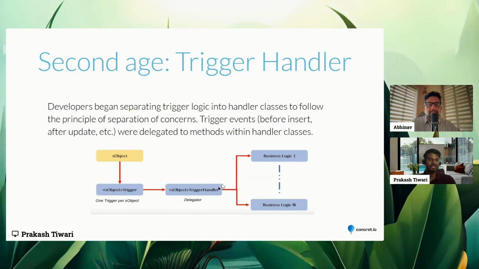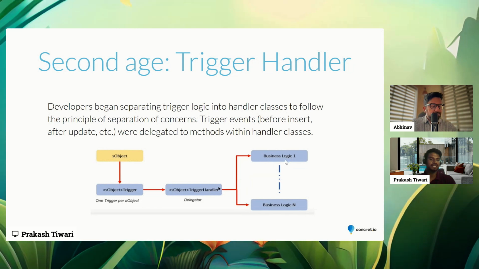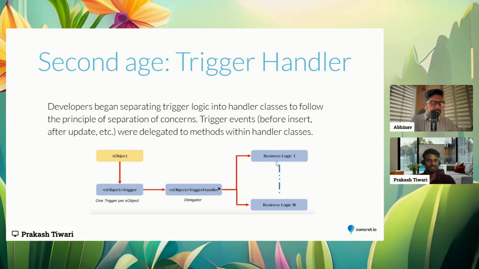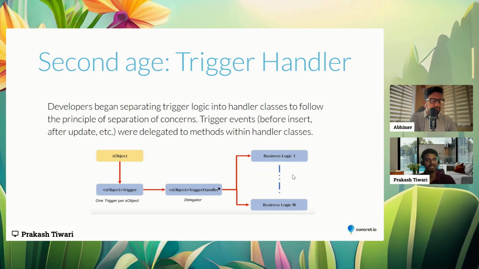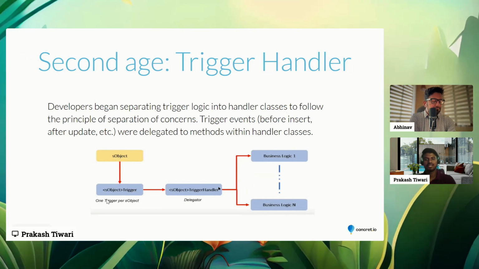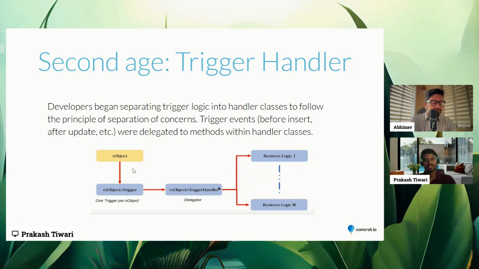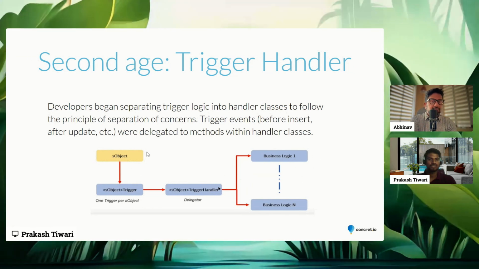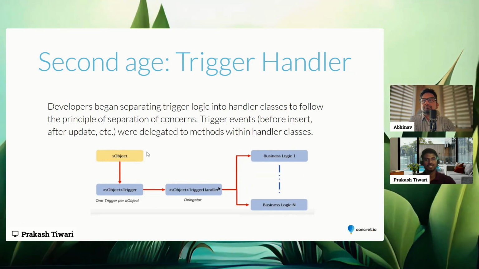If we need a common functionality, we can create a generic method and use it in business logic 1 and business logic 2 as well. So we don't need to write repetitive code. The other thing is that we can follow the best practice of one trigger per object by using the trigger handler approach.